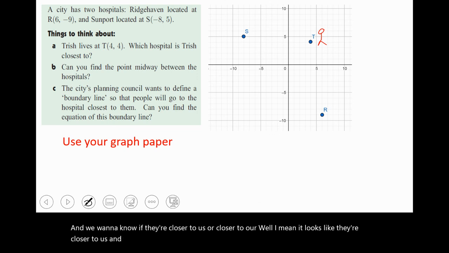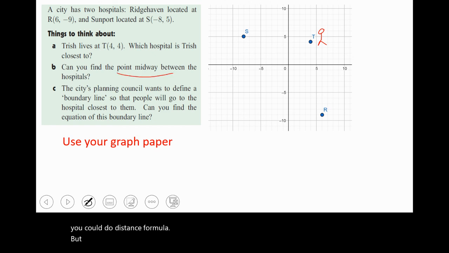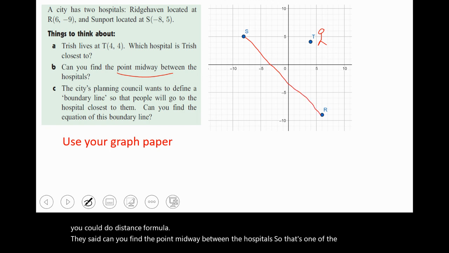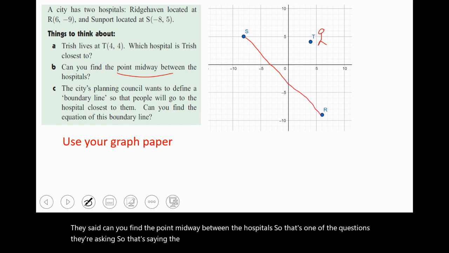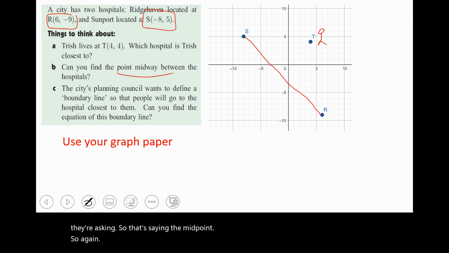And we could find that by just doing the Pythagorean theorem and finding the distance. You could do a distance formula. But they said, can you find the point midway between the hospitals? So that's one of the questions they're asking. So that's saying the midpoint. Okay. So again, the midpoint is just the average of the x's.